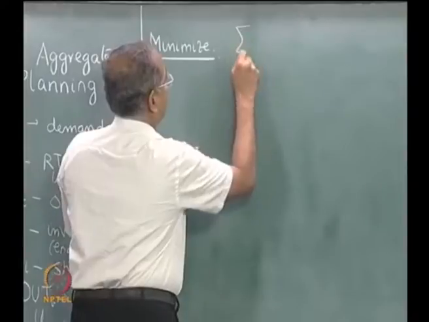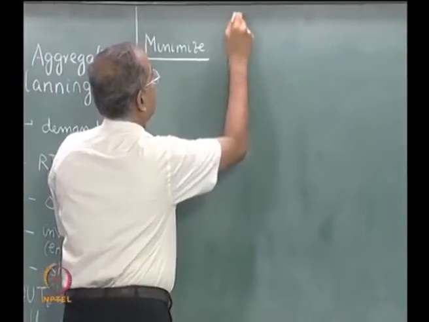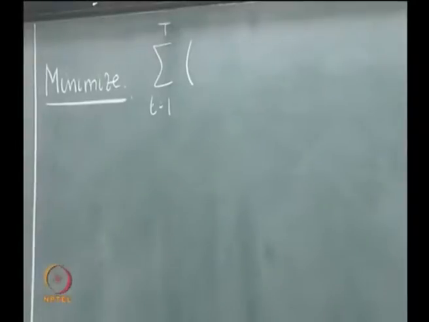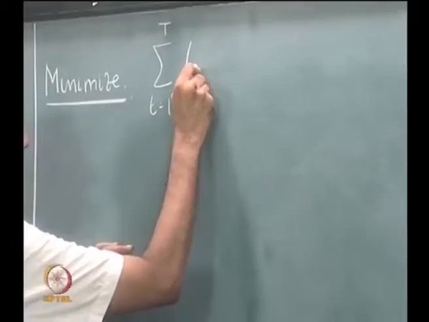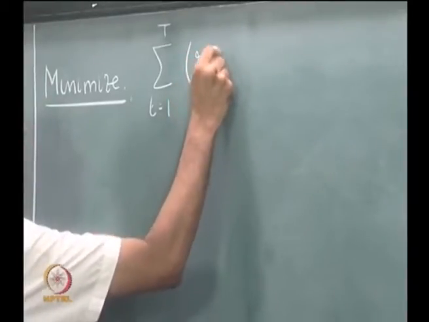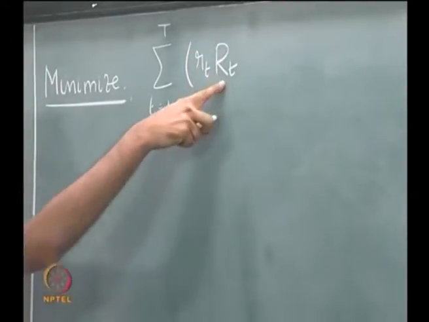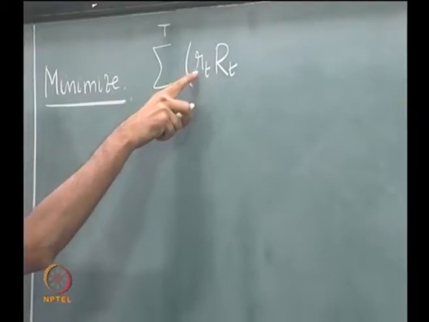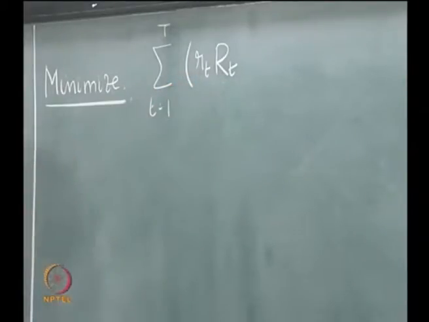Summed over t, for t periods, if r is the RT into RT, this is the variable, this is the constant, and this constant is assumed to be different for different periods.